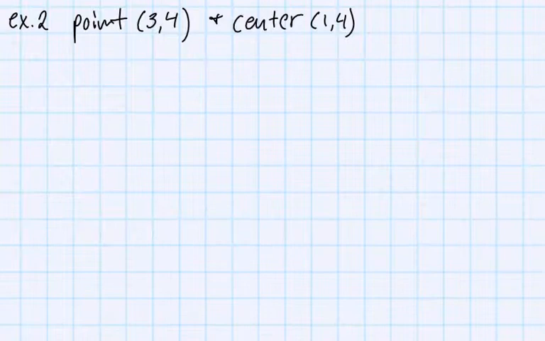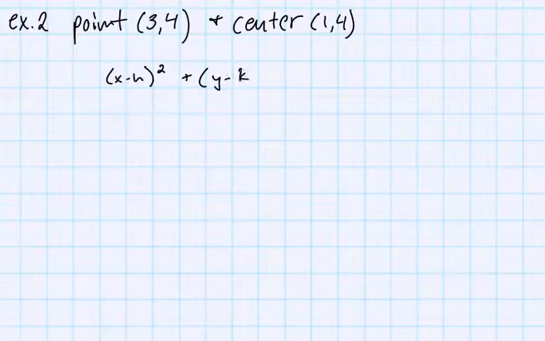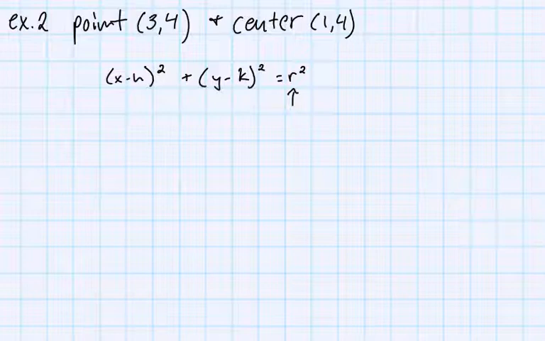In our second example, we have a point (3, 4) on the circle and a center at (1, 4). So into our equation here, (x minus h) squared plus (y minus k) squared equals r squared. This time we don't have the radius, so we need to plug in what we know in order to solve for the radius.